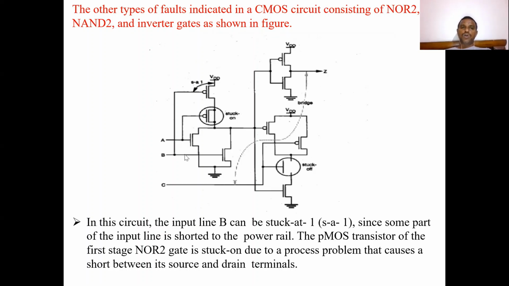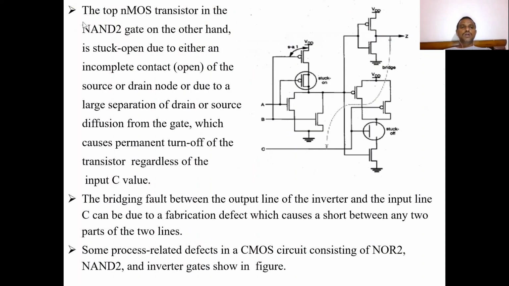Now we'll go with the next one here. The top NMOS transistor in the NAND2 gate. I already told that in a NOR gate, the PMOS will be in series and NMOS will be in parallel.